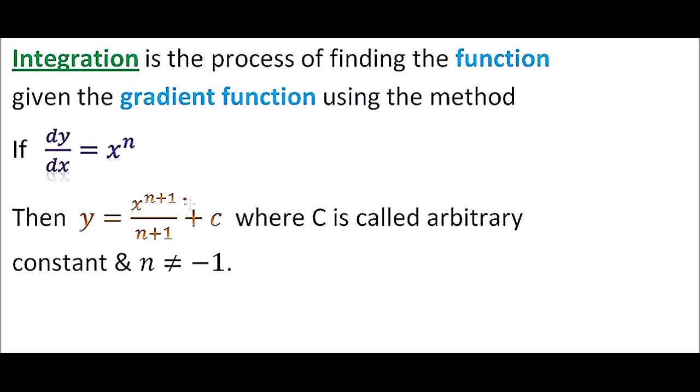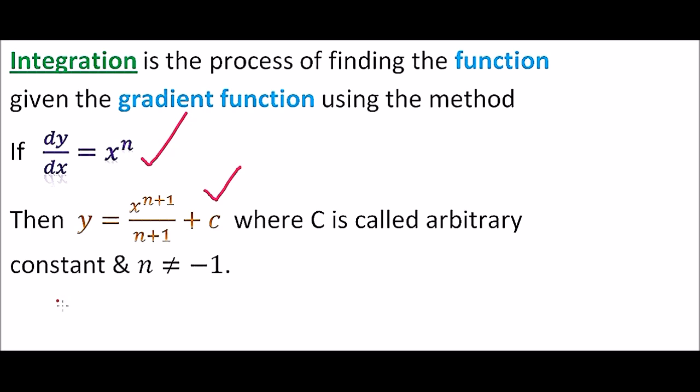We divide with the new power or index, and then we add c, where c is called an arbitrary constant, and n should not be equal to minus 1. So this is the method that we are going to use to do integration when we have been given the gradient function.